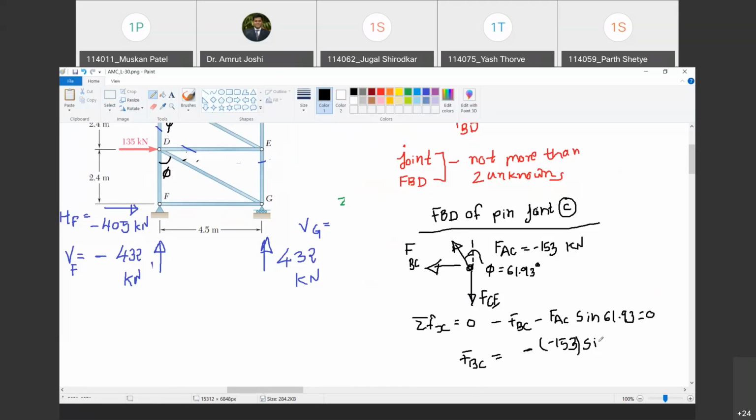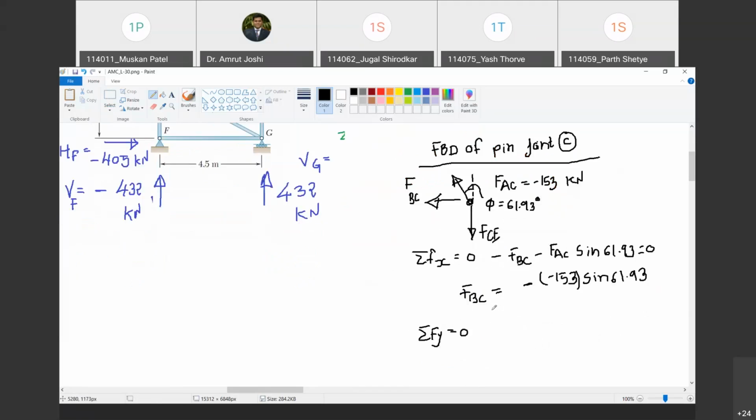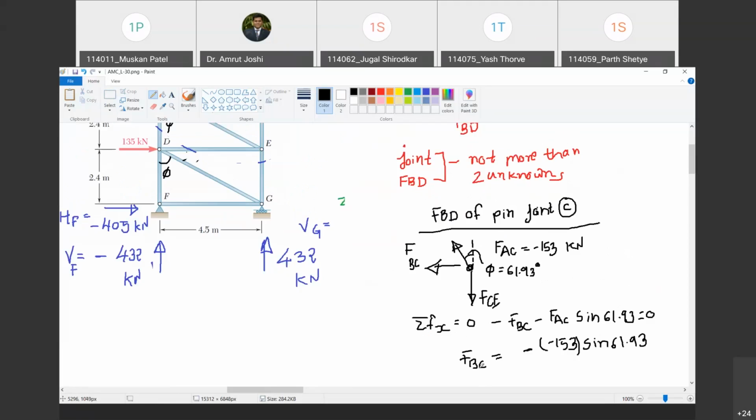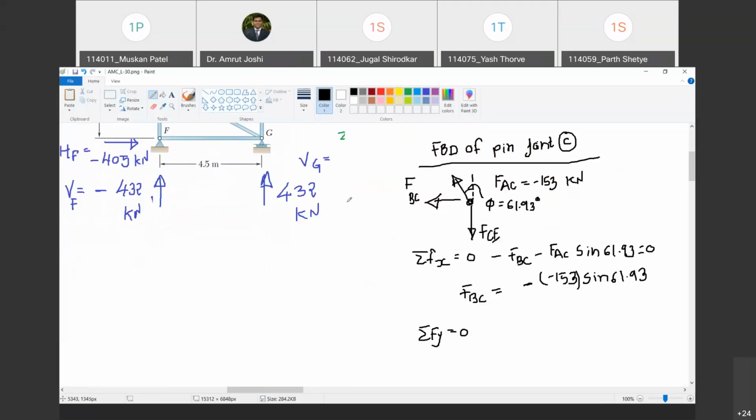Sine of 61.93. So minus of minus becomes plus. And what is the value of FBC? Tell me. 135.